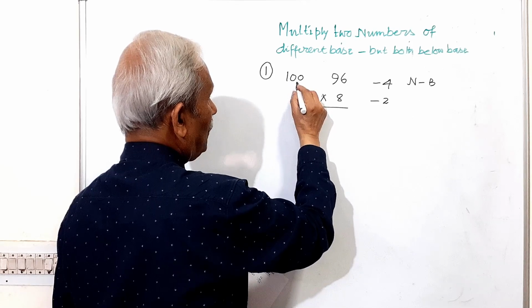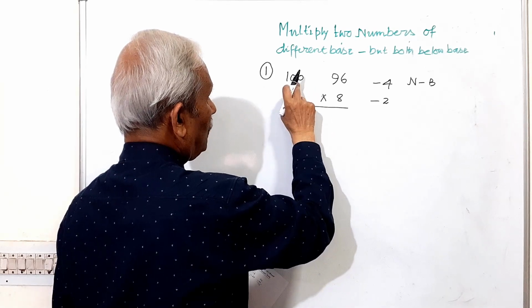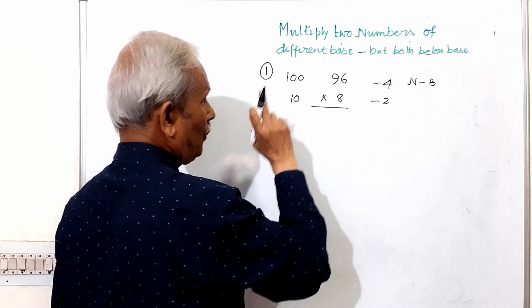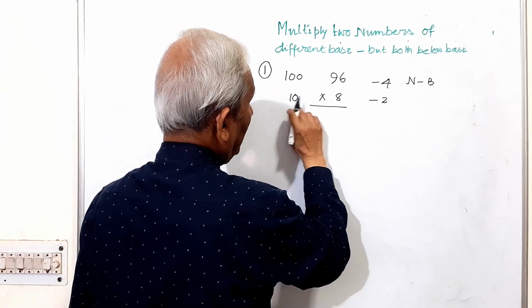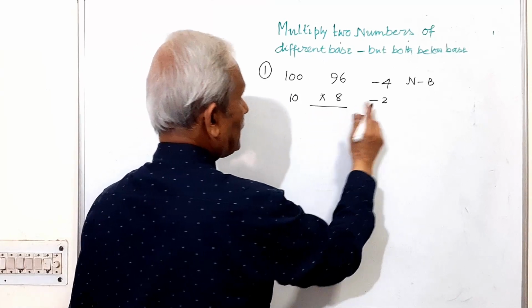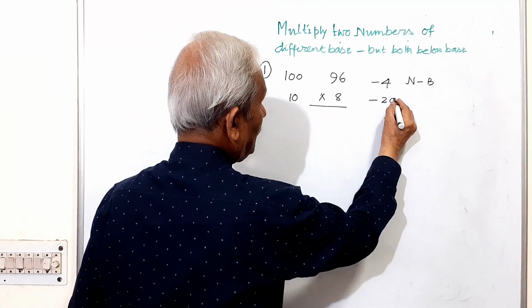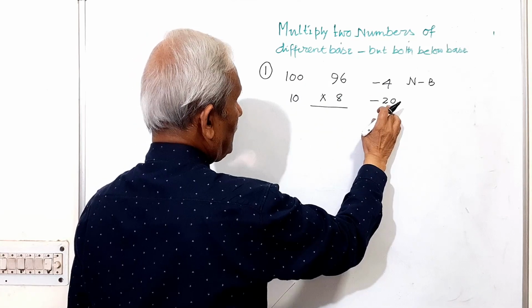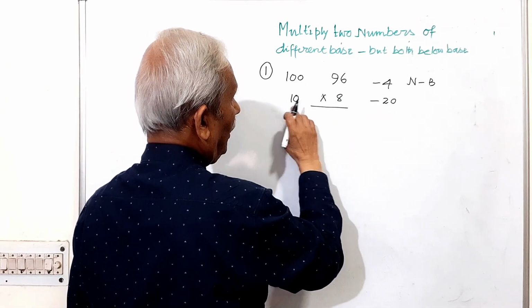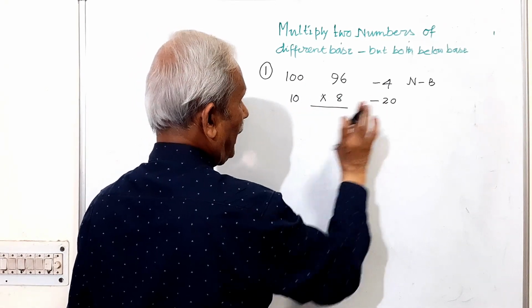Here the difference is 1 zero. There is 1 zero and there are 2 zeros, so the difference is 1 zero. So put 1 zero with the number connected to the lower base.